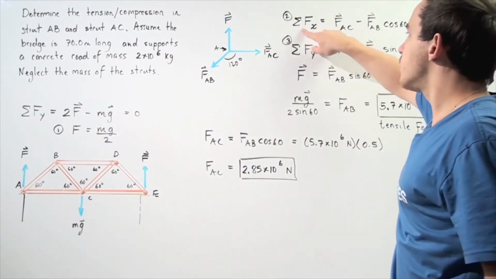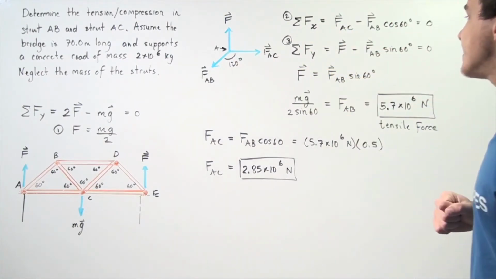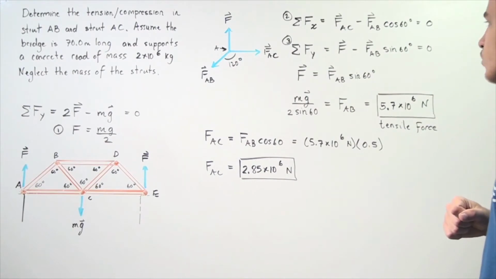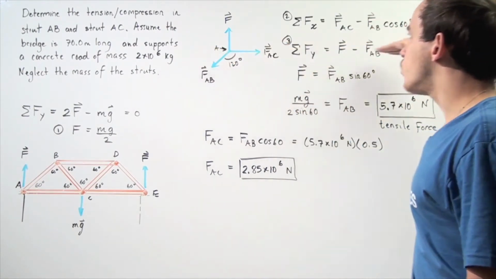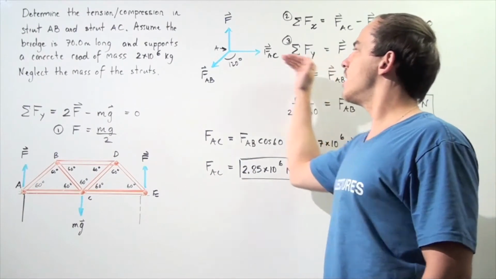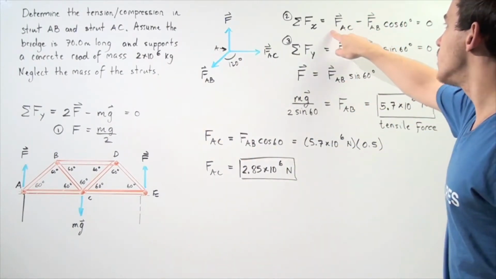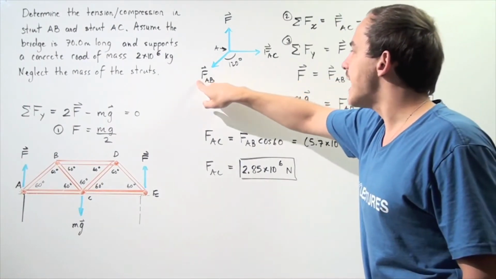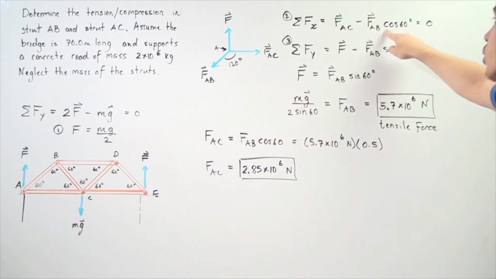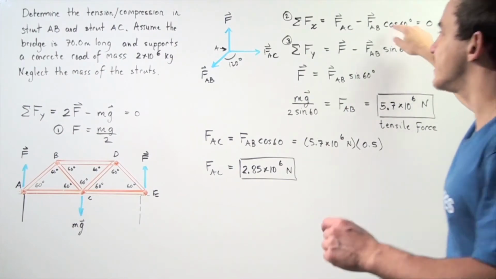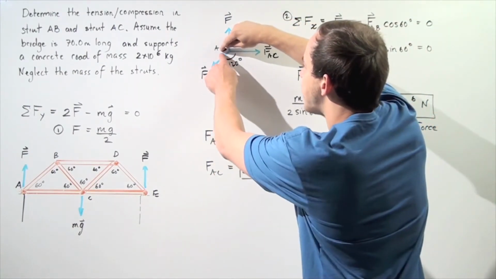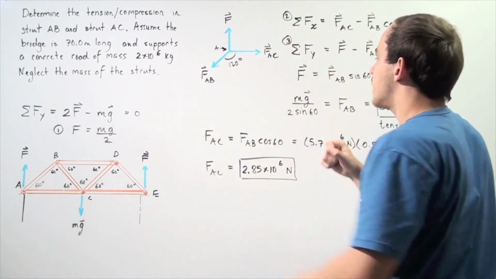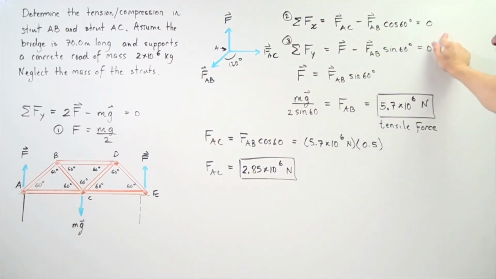So the sum of the forces acting along the x-axis is 0, and the sum of the forces acting along the y-axis is 0. So we choose going this way along the x-axis positive and the other way to be negative. So force FAC is positive, and force FAB multiplied by cosine of the angle 60, where once again the angle 60 is this angle between the x-axis and this vector FAB, is equal to 0.